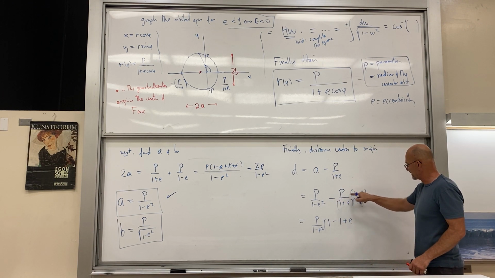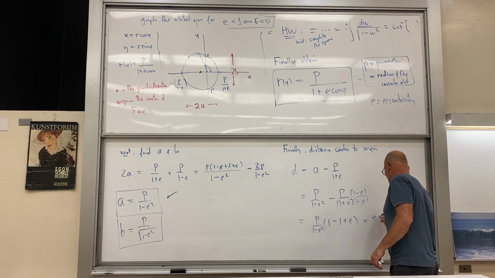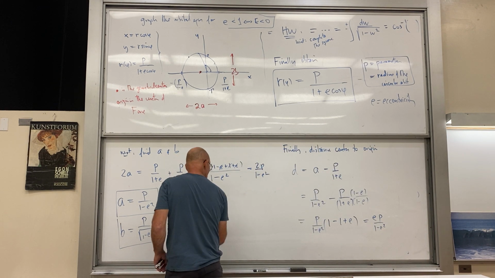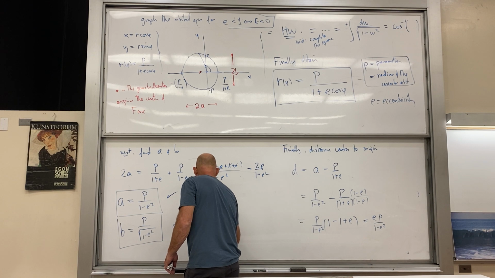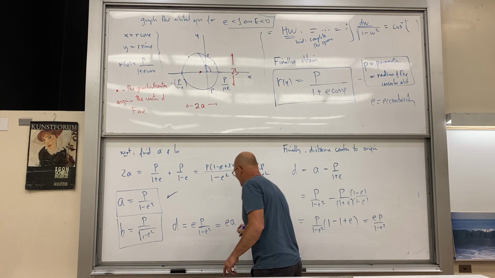Minus P plus E equals E times P over 1 minus E squared. So this distance here, very important, is E times P over 1 minus E squared, which is equal to E times A.